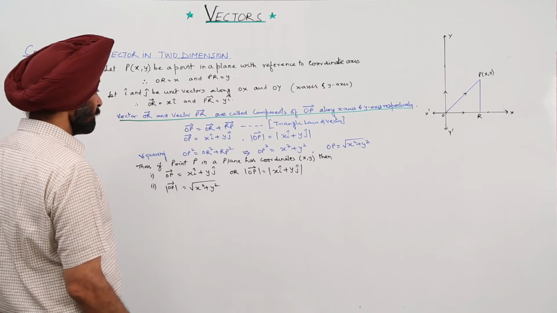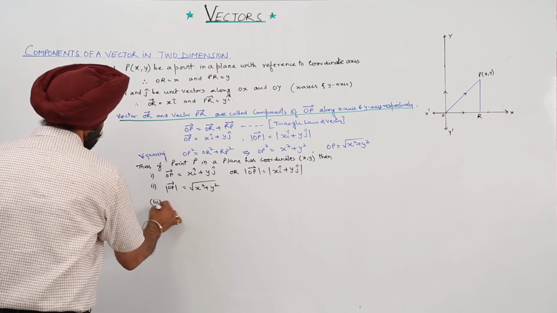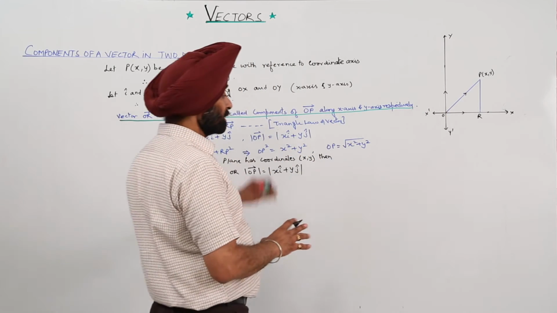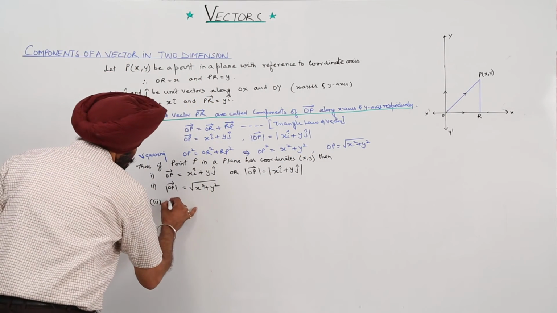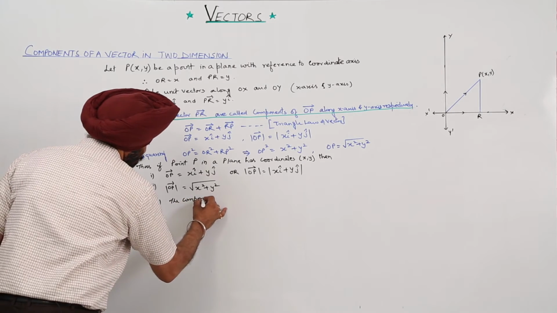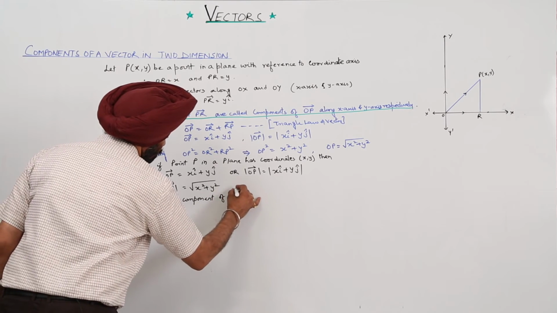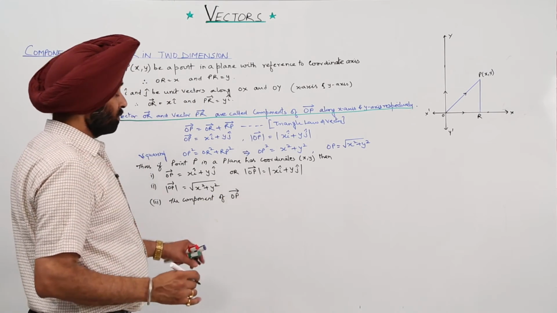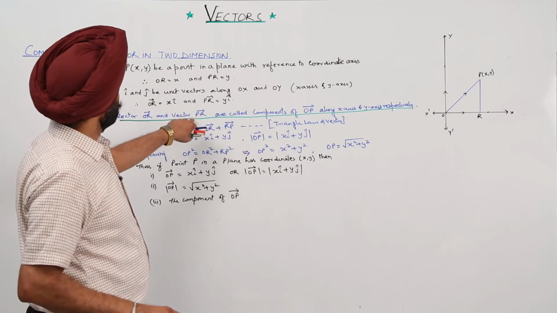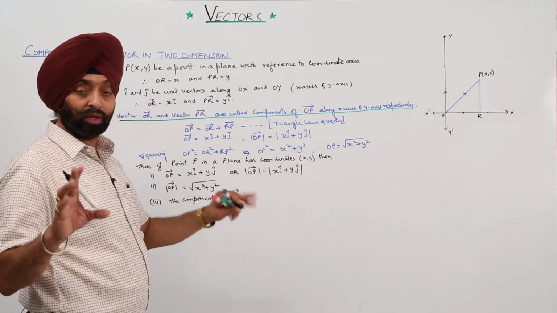Number 3, according to the figure we have given all these things. Now the component of vector OP, first component, because we have components OR and PR along the x axis and y axis. So first of all we are discussing only the x axis.